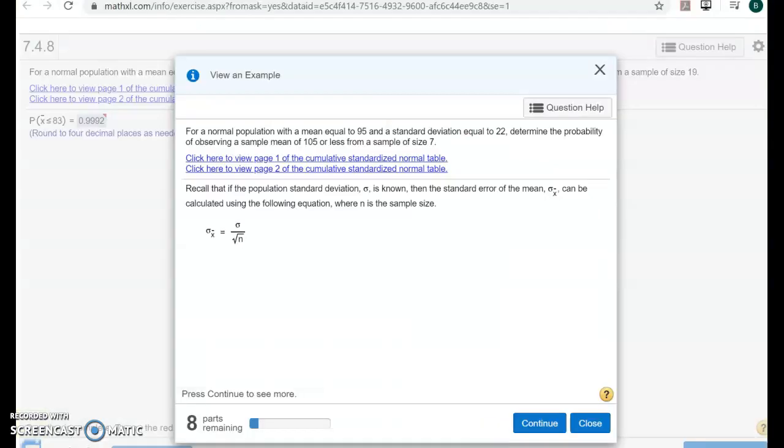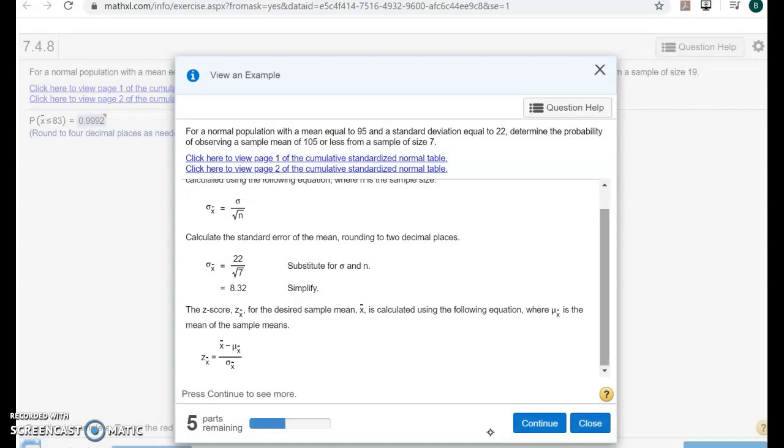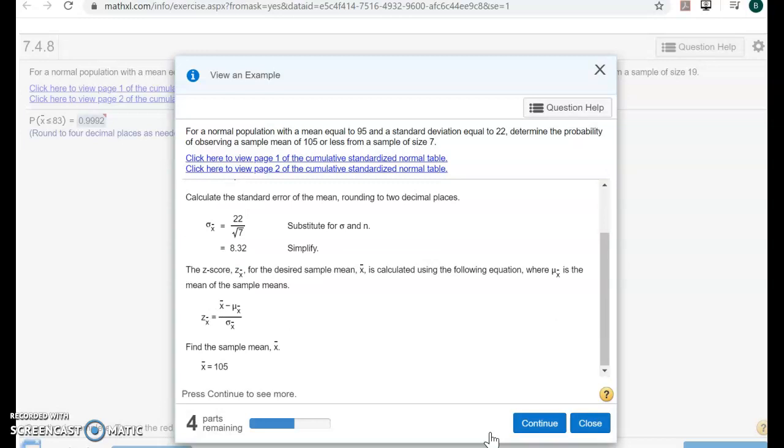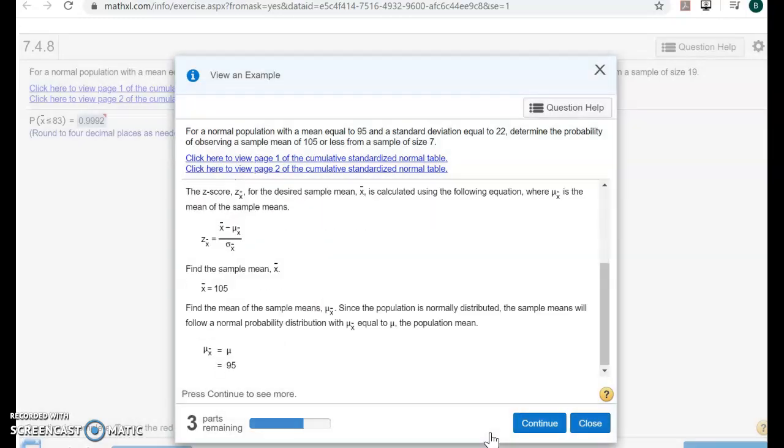And then if you look at the steps, just to show you that you can do this and it will help. So here's the formula for the z-score. And we know the sample mean, that is given to us. But the important point I wanted to discuss is, since the population is normally distributed, the sample mean will follow a normal distribution, and the mean of x bar, the sample mean, would equal the mean of the population.